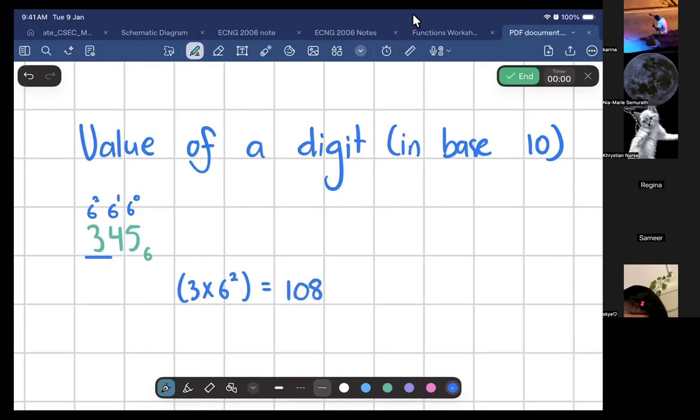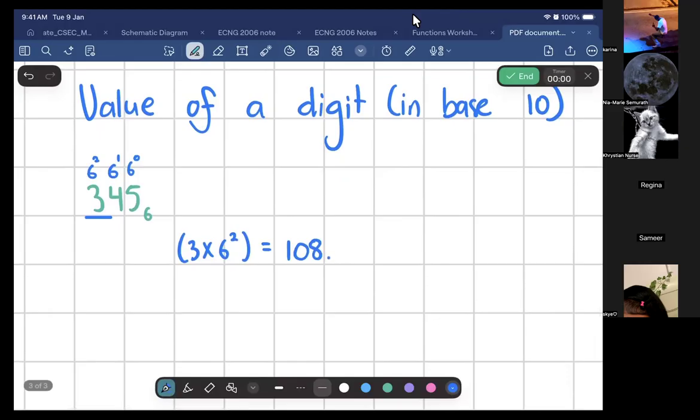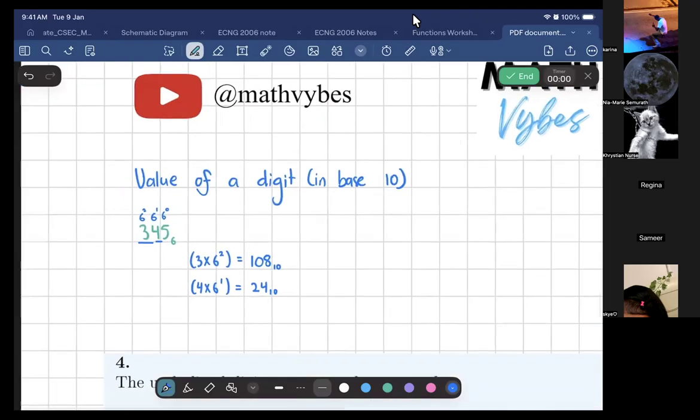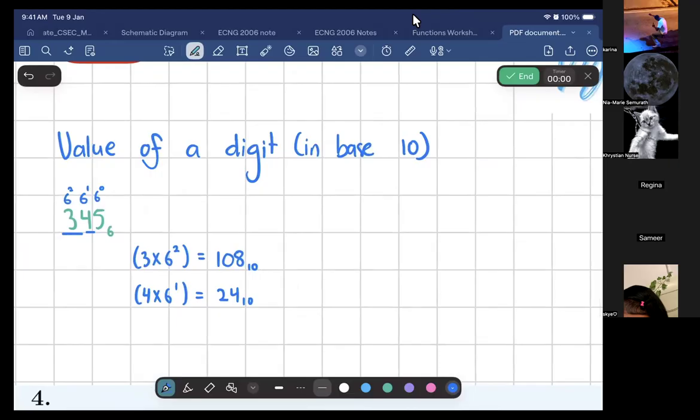Let me know if you understand that. If I asked you what is the value of the digit 4, how would you do that? 4 times 6 to the power 1, and that would be 24, base 10.